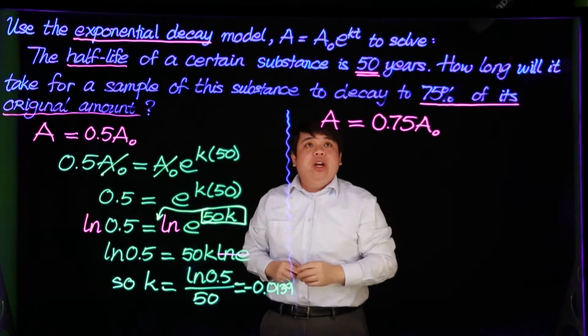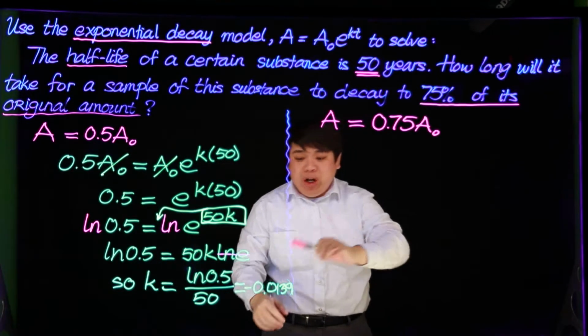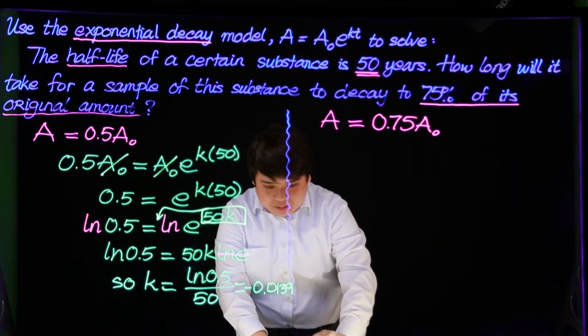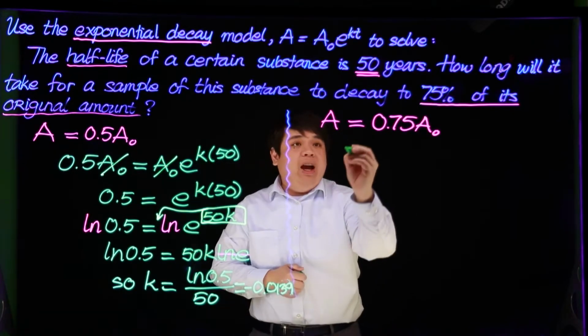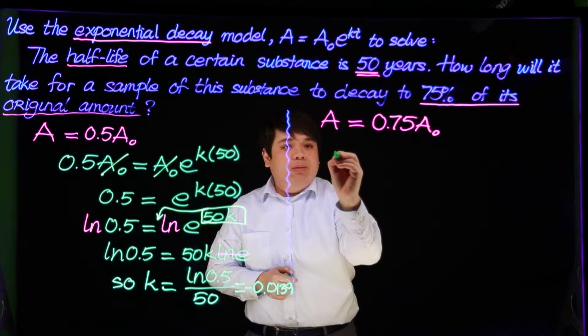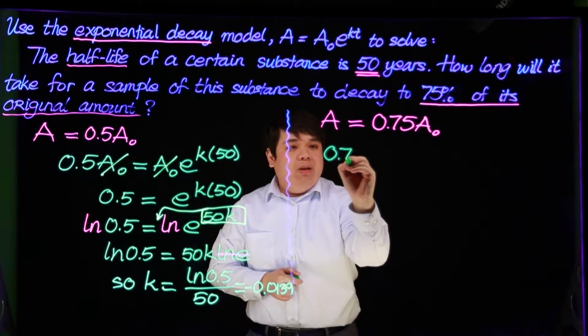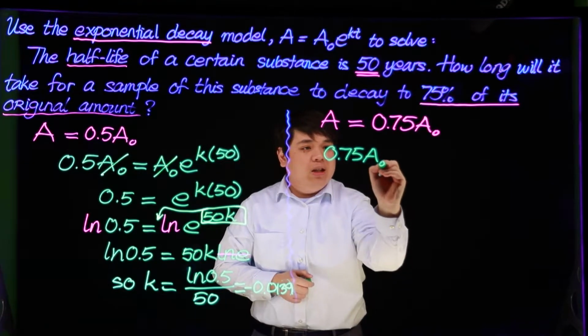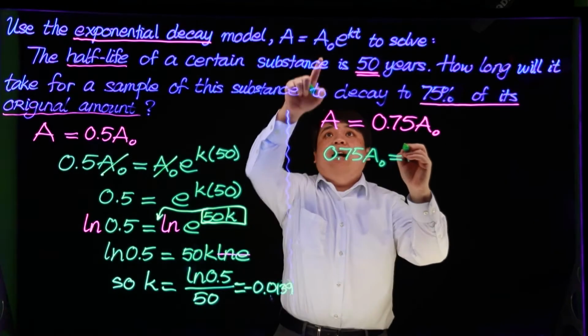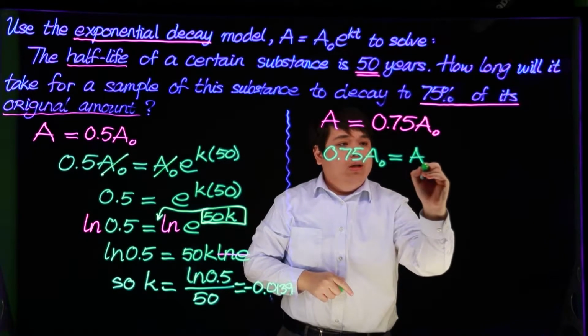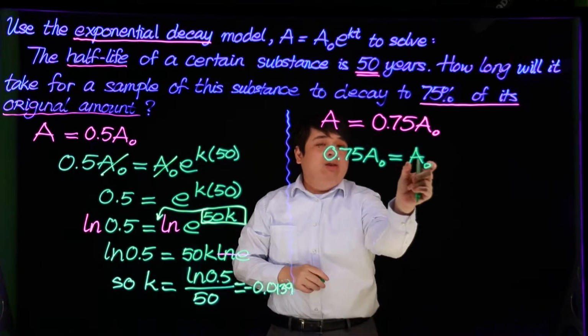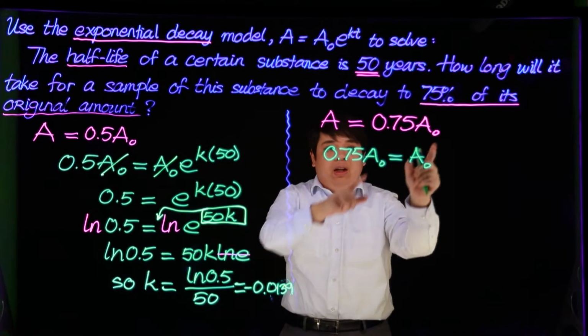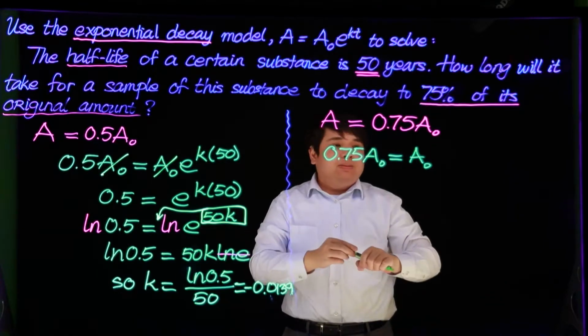And then we substitute into the equation now that we know the rate. So when we substitute, we have 0.75 A naught in that equation. It doesn't matter what we have initially, it will cancel on both sides.